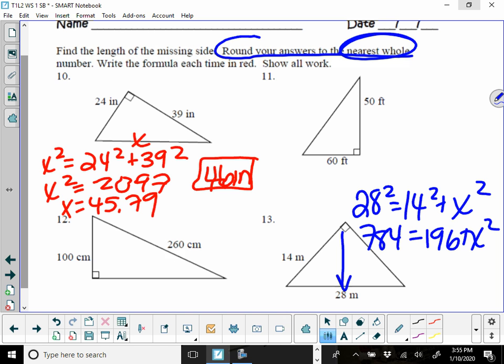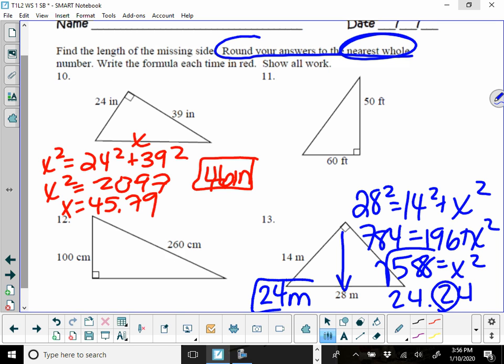Subtract 784 and 196. When you take the square root of 588 this time, that's going to give me 24.2487. So 24.2, I'm going to look at the 2, which leaves that as 24 meters.